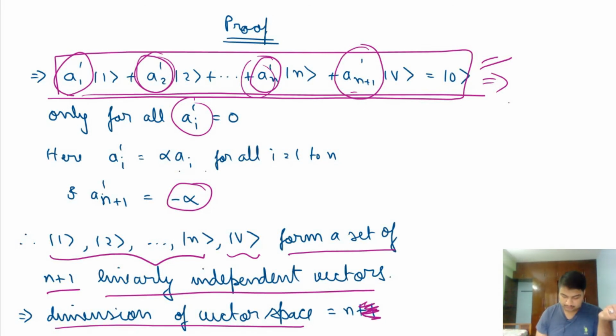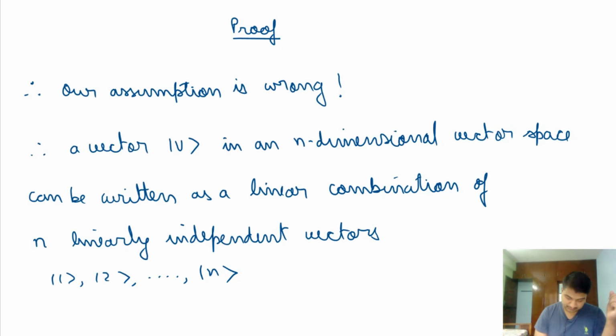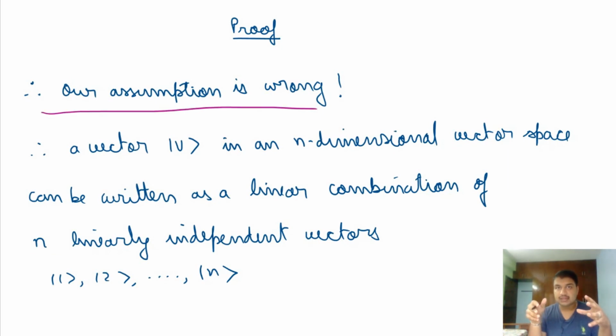What this implies is that the dimension of the vector space must be n plus 1, because we have n plus 1 linearly independent vectors. So this means that we can choose a maximum of n plus 1 linearly independent vectors. But this means that our assumption is wrong, because the vector space that we had chosen had a dimension equal to only n, not n plus 1.